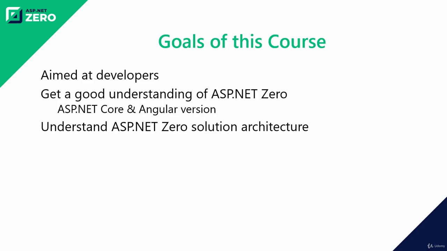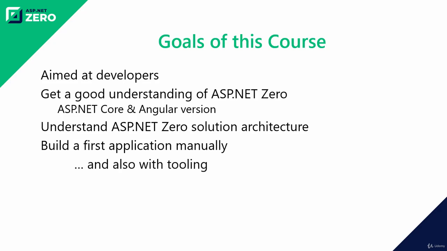This will help you in seeing how you can build applications with it. And the latter is what we'll be spending most of our time with actually, building an application using ASP.NET Zero. We'll also spend some time looking at the tooling that is now available from ASP.NET Zero as well. Finally, I want you to walk away with some next steps that can take you further in your exploration of ASP.NET Zero.